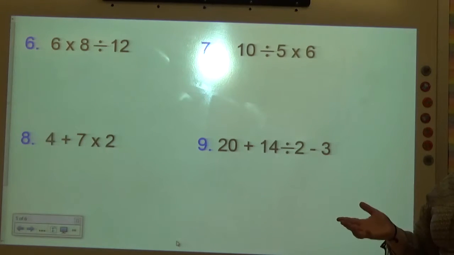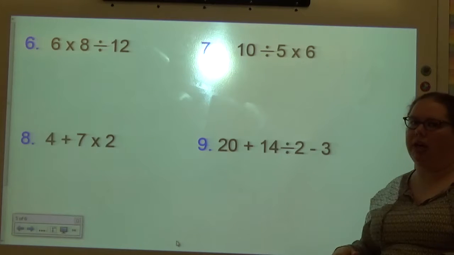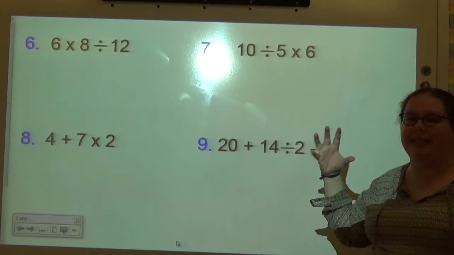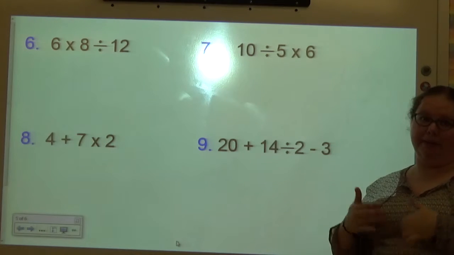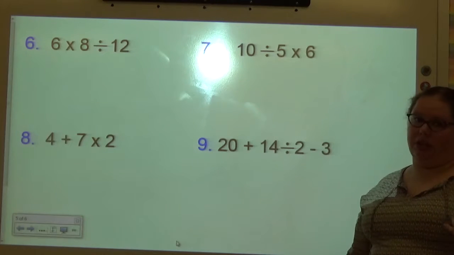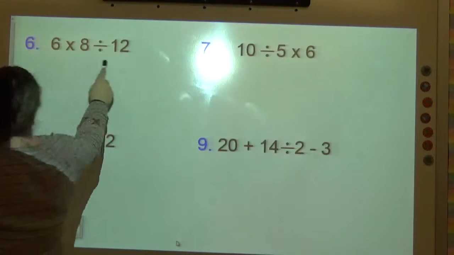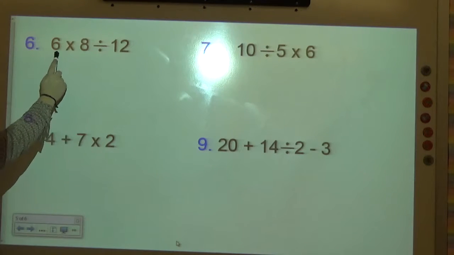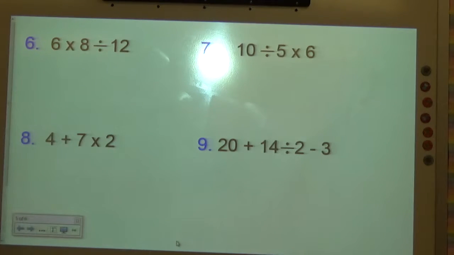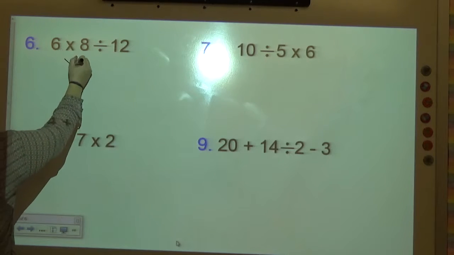Number 6, let's do that one first. Again, remember, multiply and divide goes together. They're BFFs, but whoever comes first goes first. Okay? So, what comes first in this set? 6 times 8. 6 times 8 is 48.